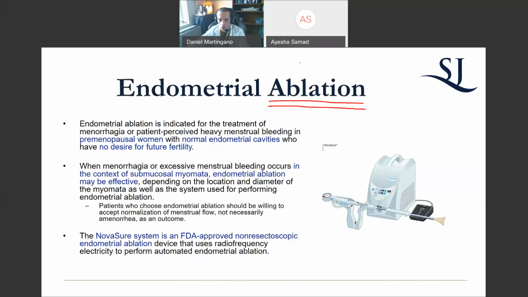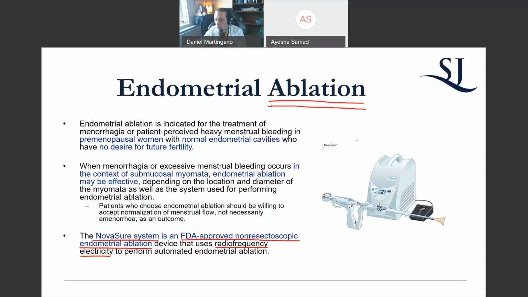In general for endometrial ablation, but in the Northeast, there's really only one system that's approved. It's called NovaSure. It's FDA approved. It's a non-resectoscope, meaning that it's not actually taking anything out. It is using radio frequency electricity to perform the ablation of the endometrial cavity.